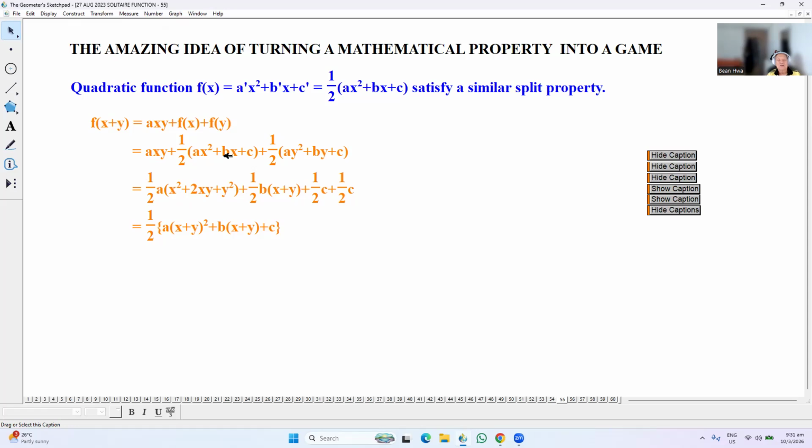Then for the second term, we have half bx plus half by. Then we have half c plus half c. So simplify, we get half a into x plus y squared plus b into x plus y plus c.